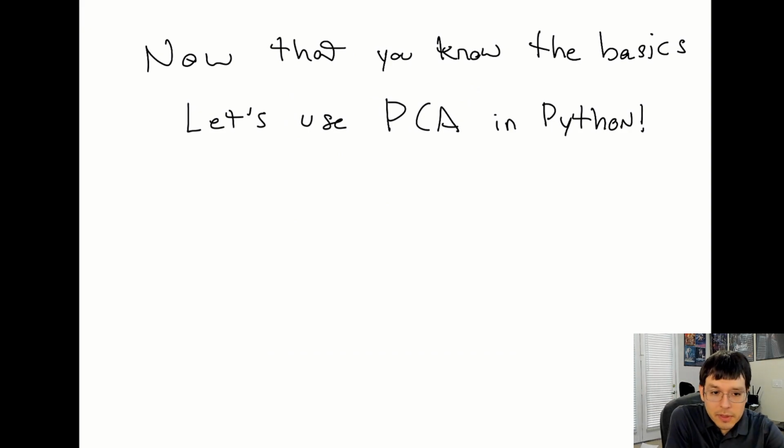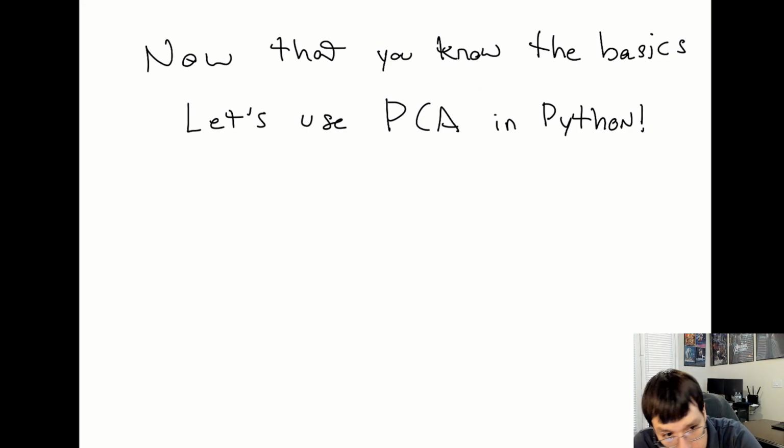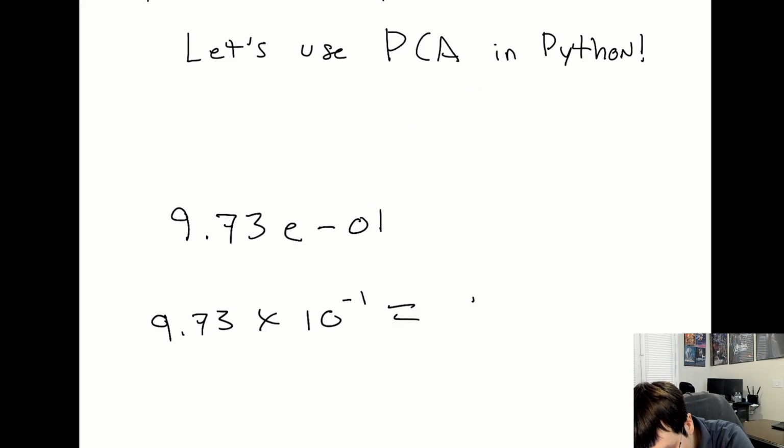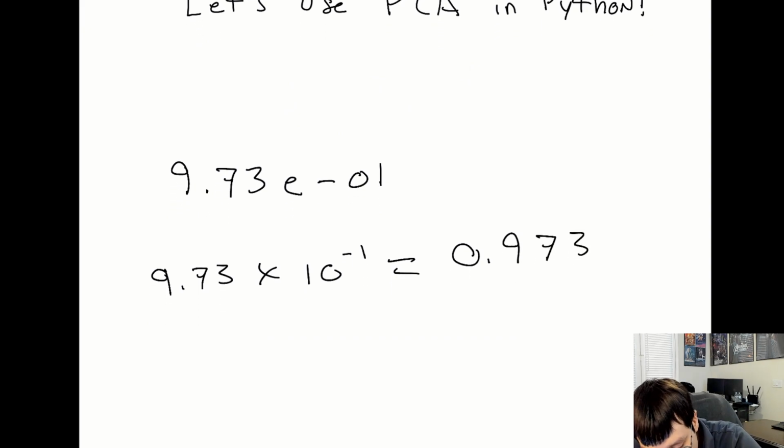So when you see something like 9.73 and then a bunch of numbers and it says E01, what that means is 9.73 times 10 to the negative first power, which is the same thing as 0.973. So if you saw something like 8... okay, I'll just do another one from here.